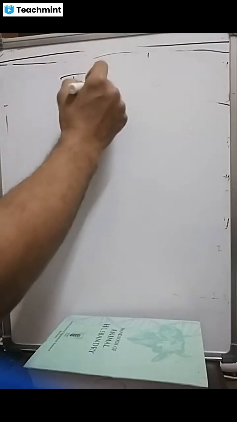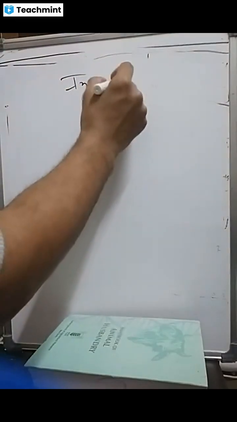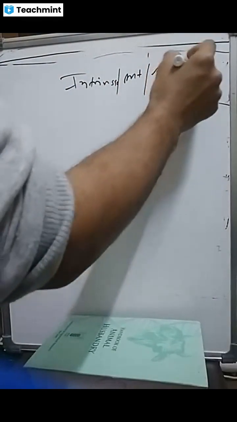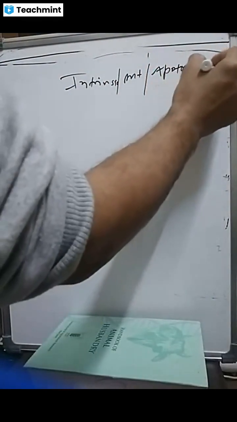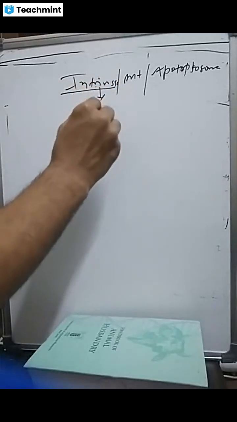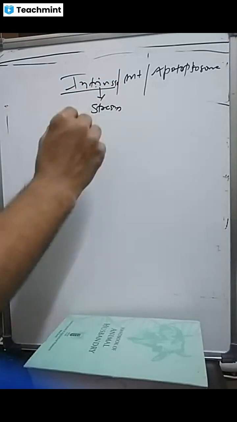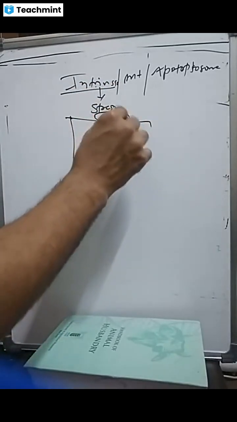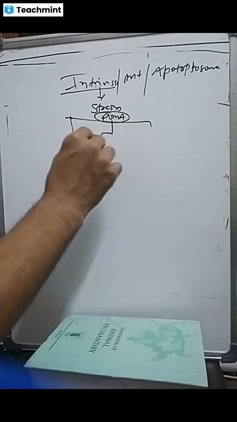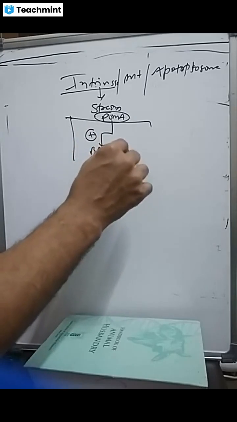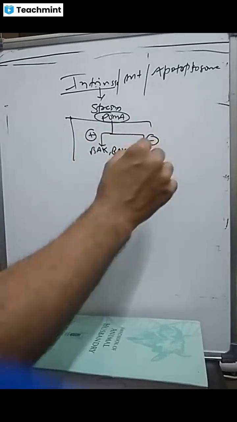So the intrinsic, or mitochondrial, or apoptosome pathway. In this pathway, the first signal is the stress. The signal is sensed by the p53 member PUMA, which will activate BAK and BAX protein and inhibit BCL2.